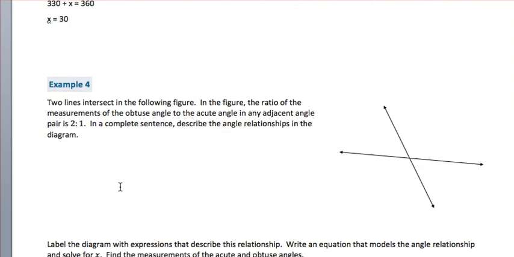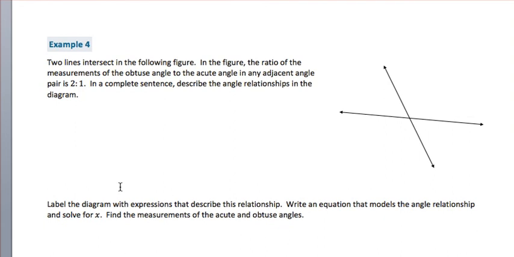Finally, example 4. Two lines intersect in this figure. The ratio of the measurements of the obtuse angle to the acute angle in any adjacent angle pair is 2 to 1 in this particular diagram. So in a complete sentence, we're going to describe the angle relationships in the diagram.